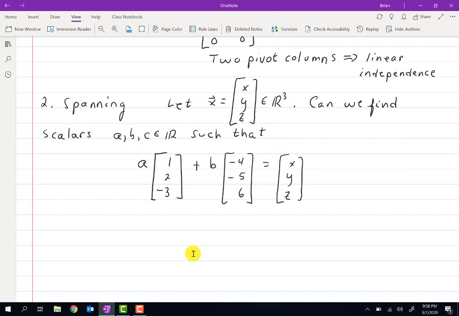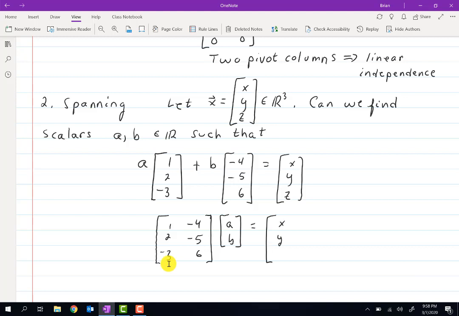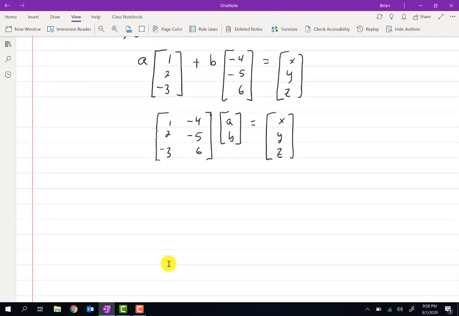Just got a little carried away. I did not need a C scalar at all. I would just need 2 scalars for 2 vectors. Well, convert this to matrix notation as usual, or let me just go augmented here.